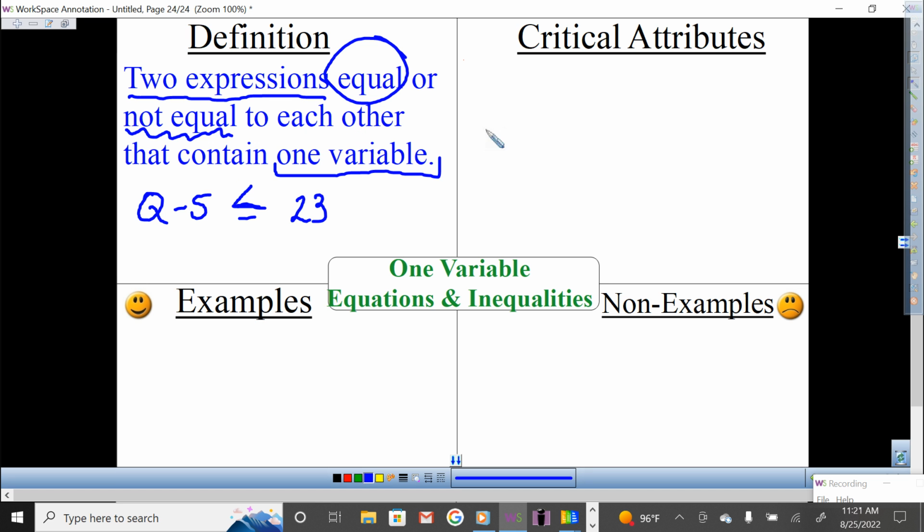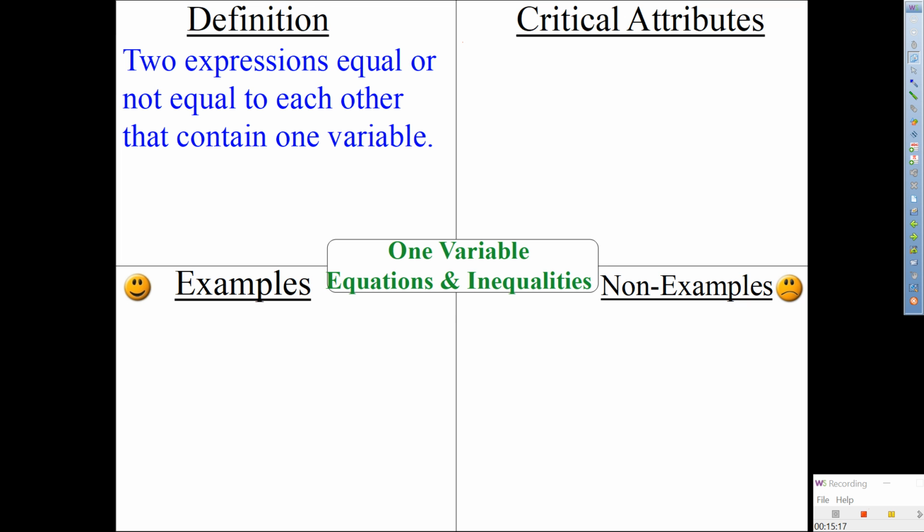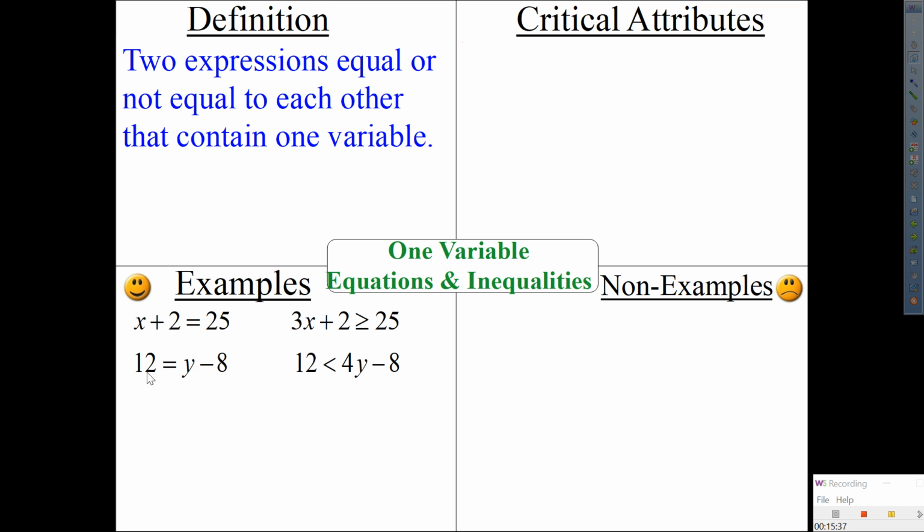Did this clarify the definition a little bit? Yes? So, for examples, write these down. I got x plus 2 equals 25. Are there two expressions equal to each other? Yes. 3x plus 2 greater than or equal to 25. Are there two expressions? Yes. But it has an inequality. That means that they are not equal. Let me show you another pair. 12 equals y minus 8.